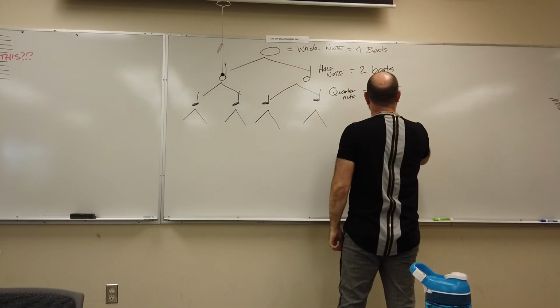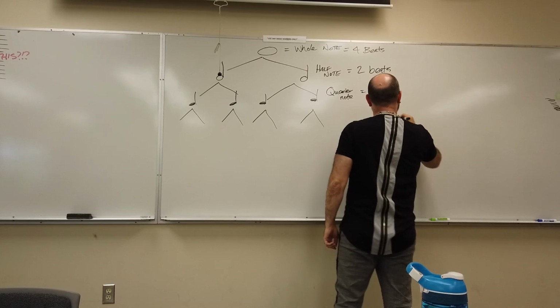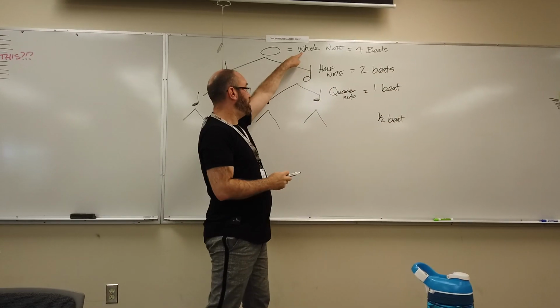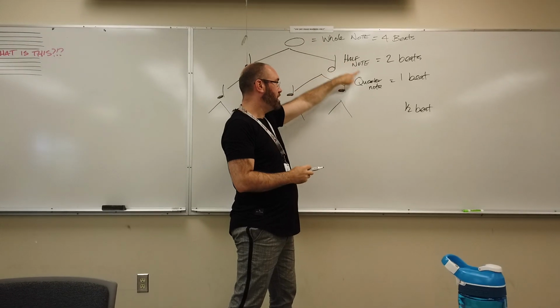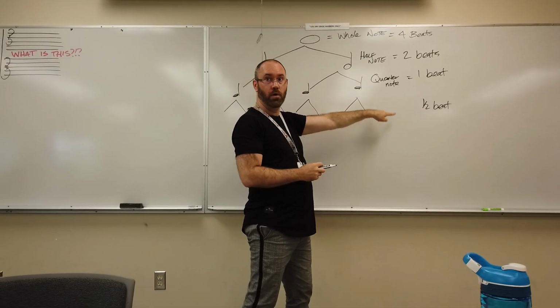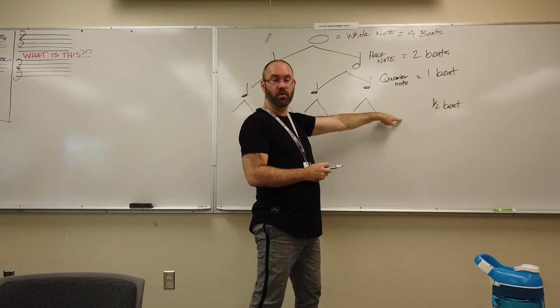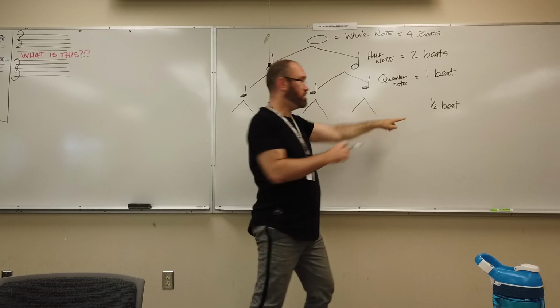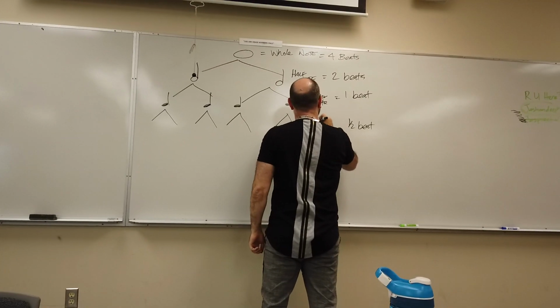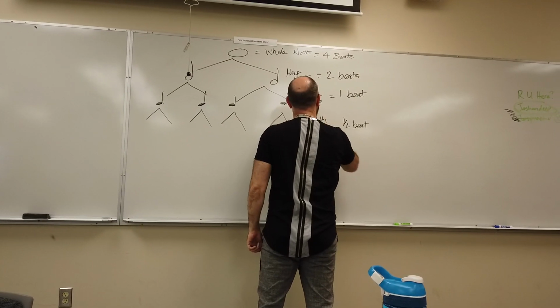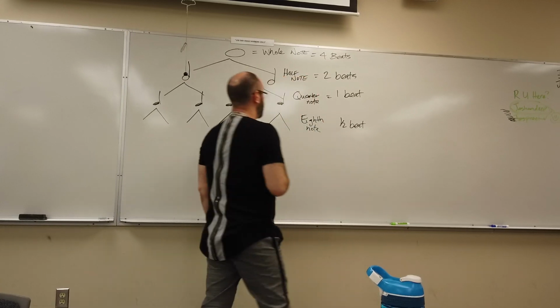Correct. So it's going to be half a beat. We went from whole to half to quarter. What's the next fraction? What's half of half of 1 quarter? An eighth. So now we have an 8th note.